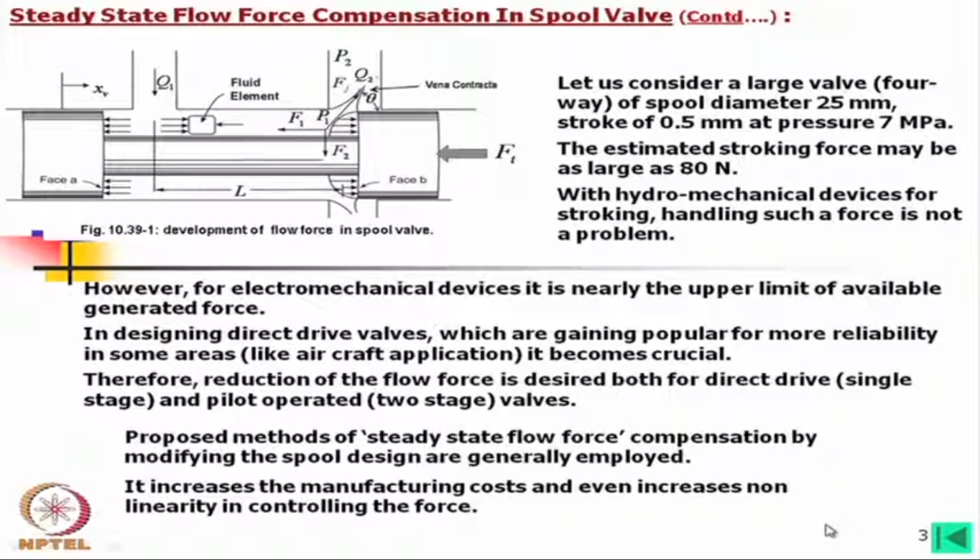and even increase nonlinearity in controlling the force. Sometimes due to this curve or maybe some profile which I will show, nonlinearity will increase, but still reduction of this force is required.